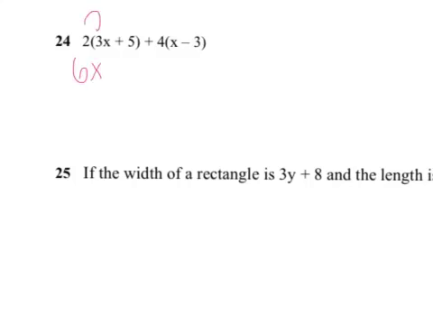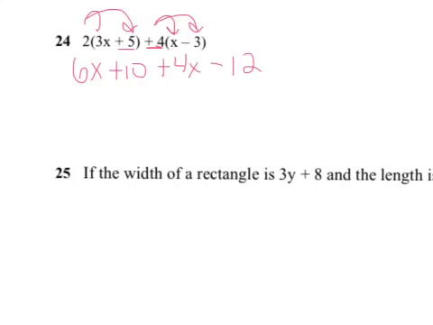That's 6x. And then 2 times positive 5 is 10. And we're going to take this positive 4 and distribute it. So it gives me positive 4x, or plus 4x. And then positive 4 times negative 3 will give me negative 12, or minus 12.